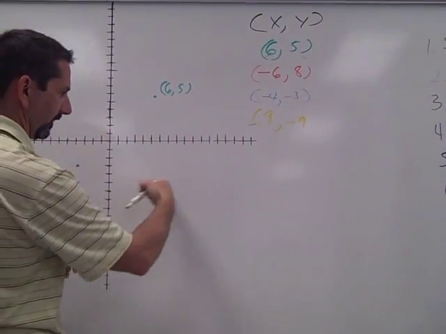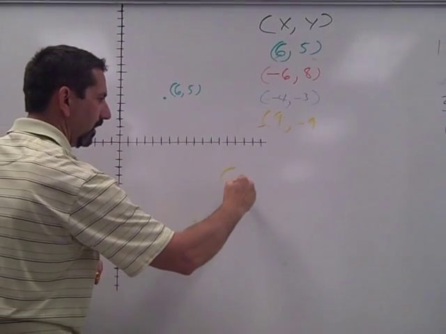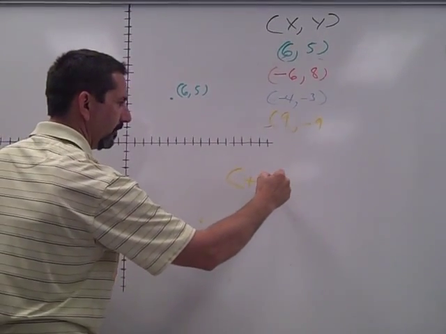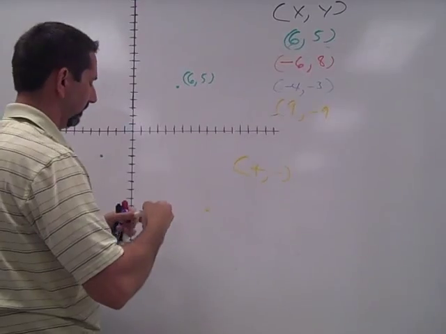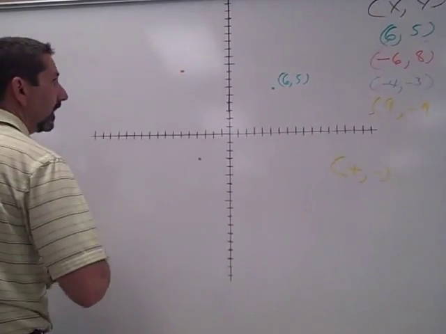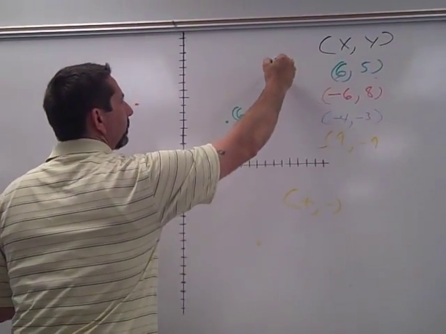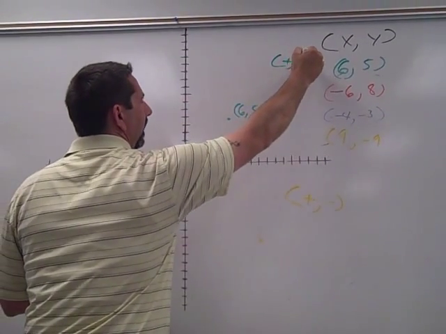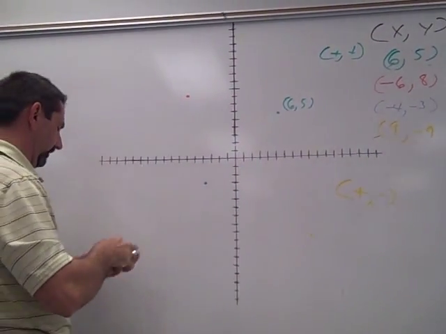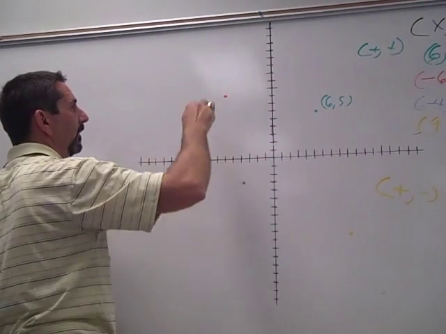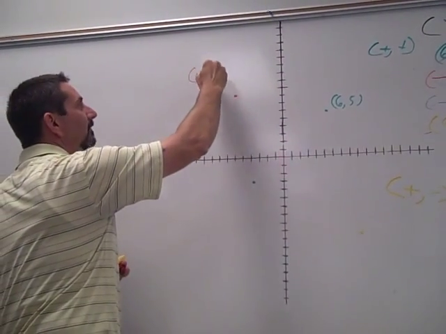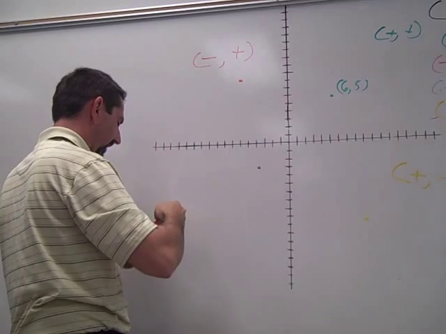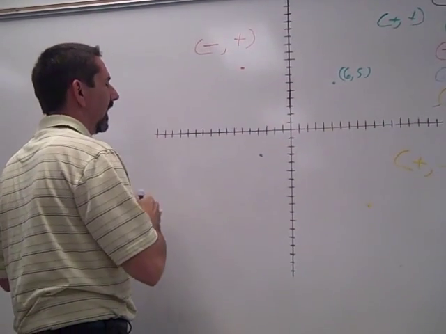So for reference, all in this quadrant will be positive, negative. In this quadrant, we will be positive, positive. In this quadrant, we will be negative, positive. And finally, negative, negative.